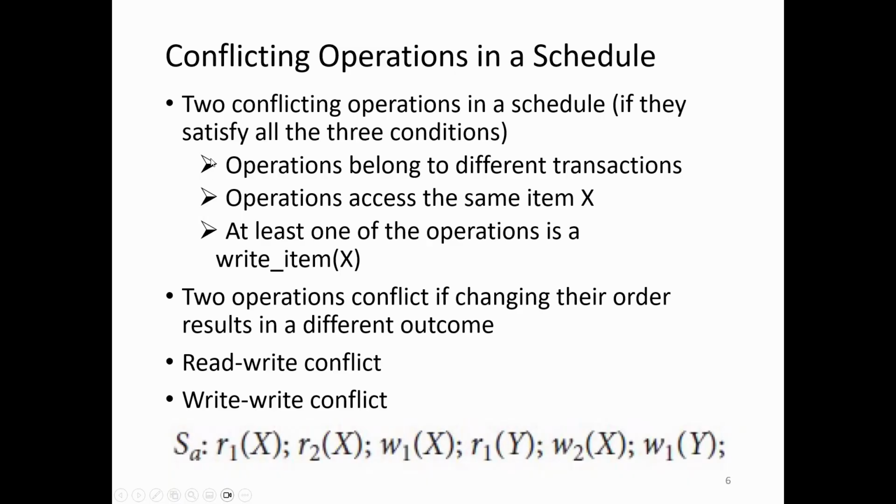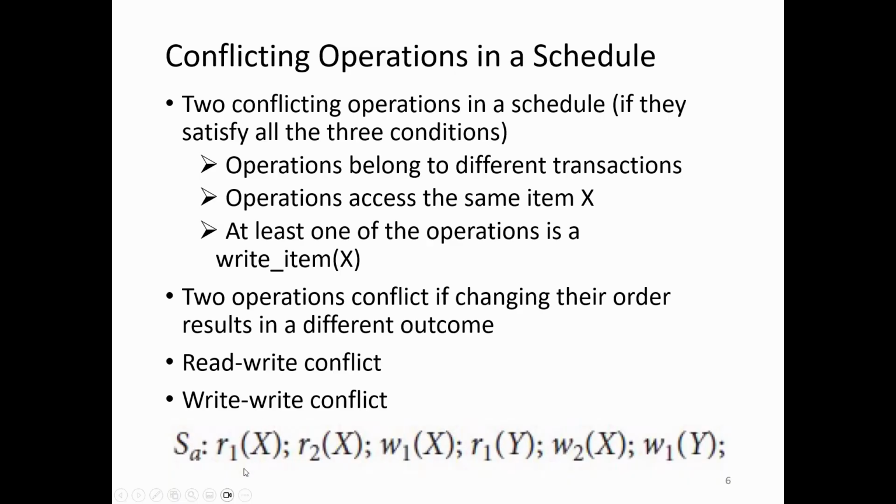These are the three conditions that should be satisfied to be conflicting operations, right? So, for example, in schedule SA here, operation R1X will be conflicting with W2X, right?